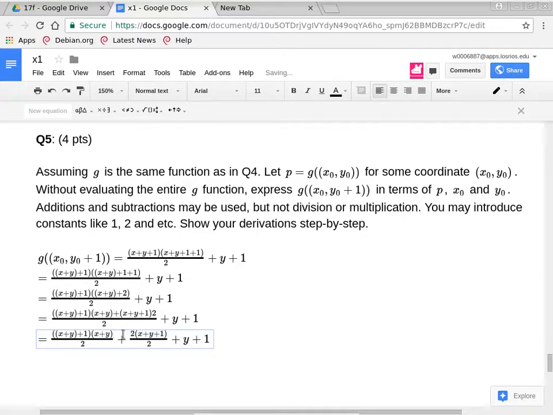Would that be okay? Sort of? Okay. So here's the magic. I look at this term here, and can I do this? Would that be okay?